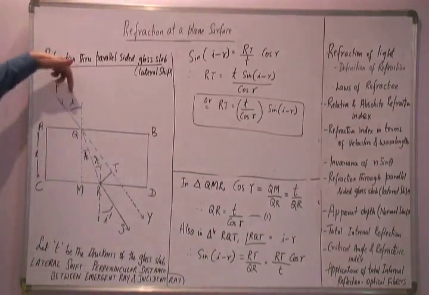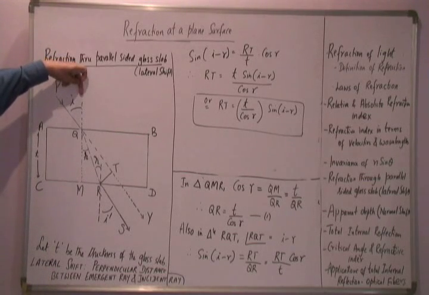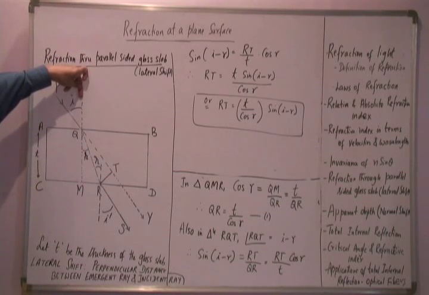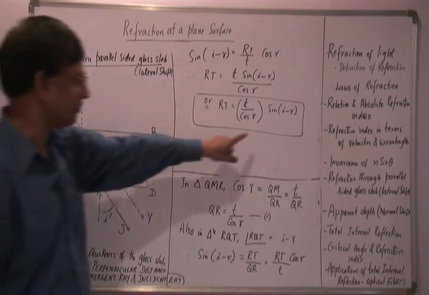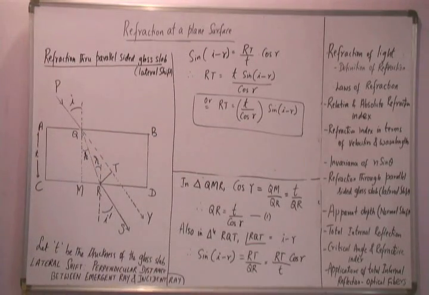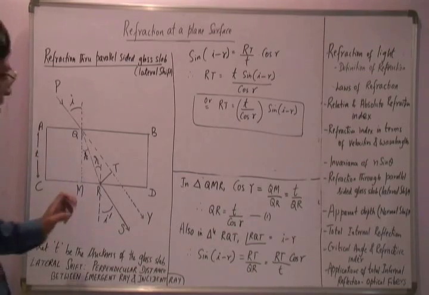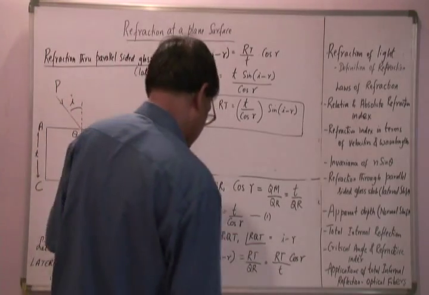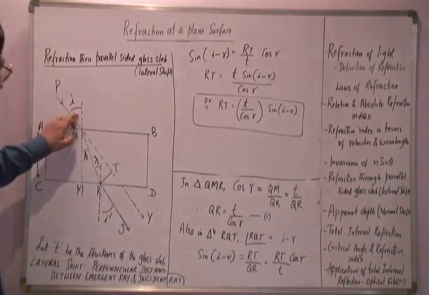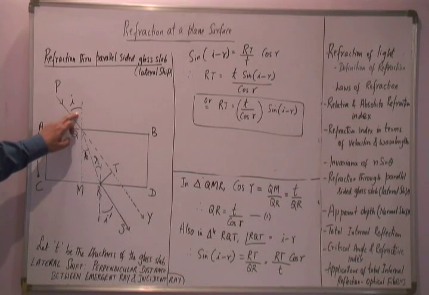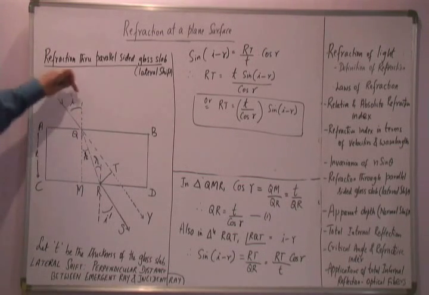So let us take a specific example. If i is equal to 0, that means the angle of incidence is zero, and there is a ray of light falling here. Will there be any lateral shift? Let us try to find out from this expression. It is noticed that for angle of incidence i equal to 0, there is no lateral shift.